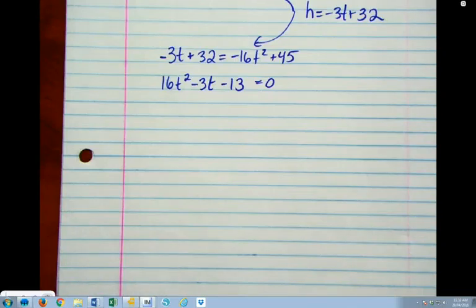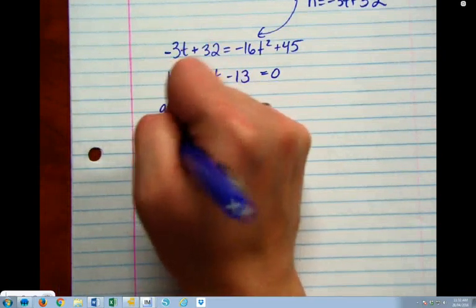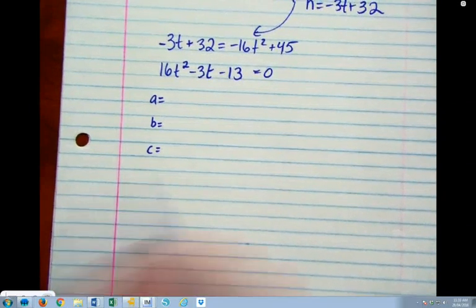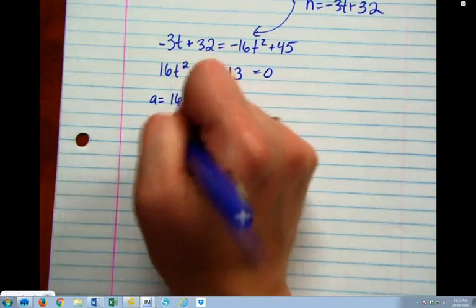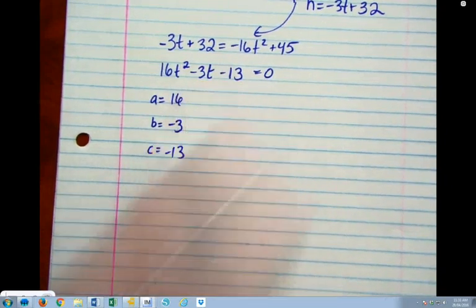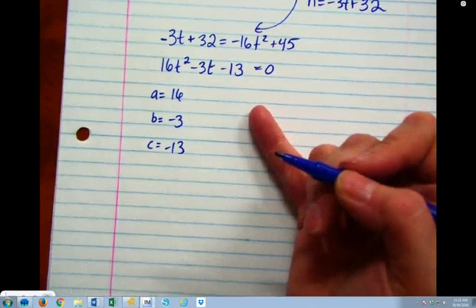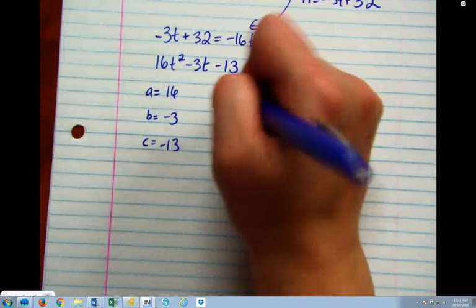Yeah, we have to pick a method. We get to do a quad formula? Yay. Now just be careful because technically it's not x equals. What should we have? T equals, because that's our variable.